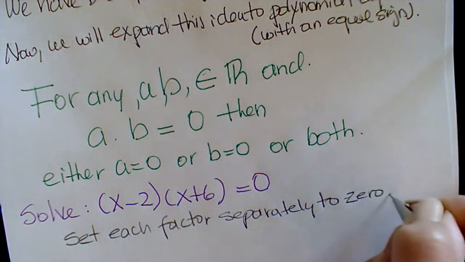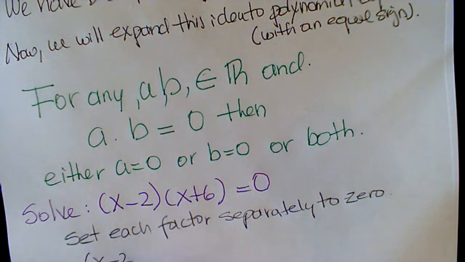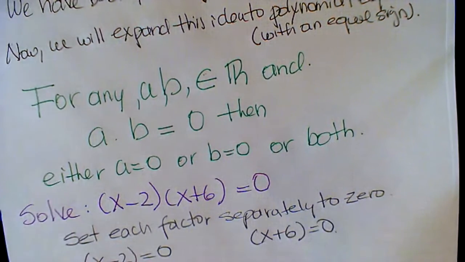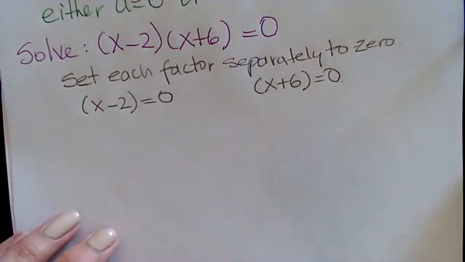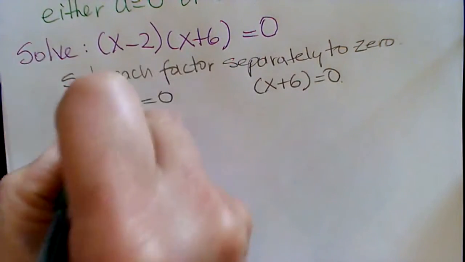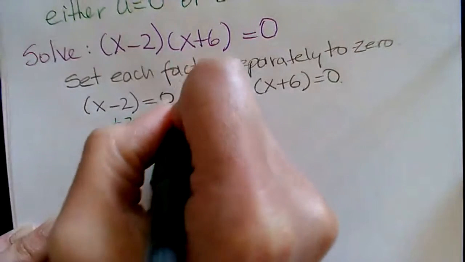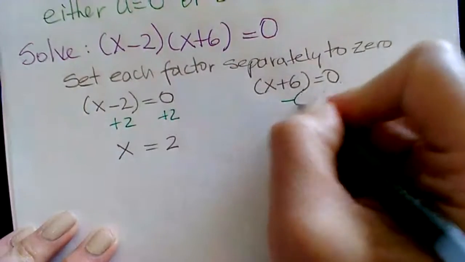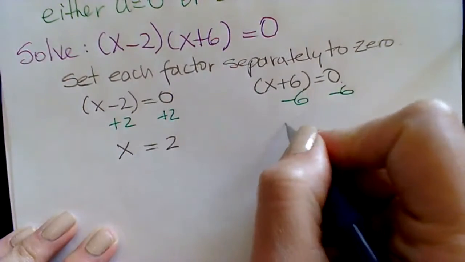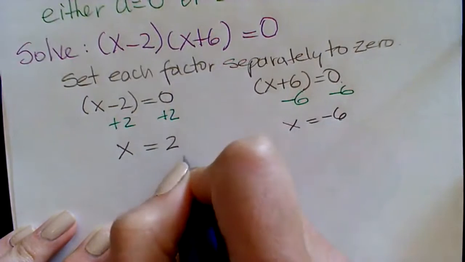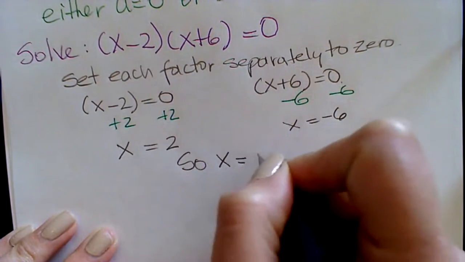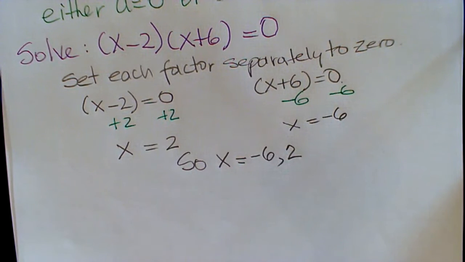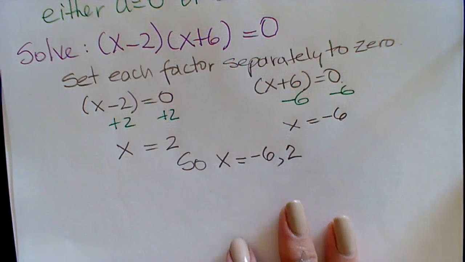We're going to say that x minus 2 is equal to 0 and x plus 6 is equal to 0. Making a 0 here, I get x equals 2. And on this one, making a 0, x could be equal to negative 6 or 2. That's what it is.